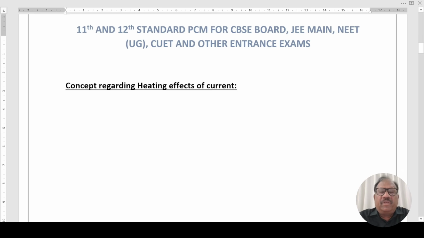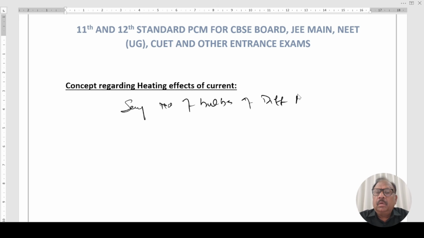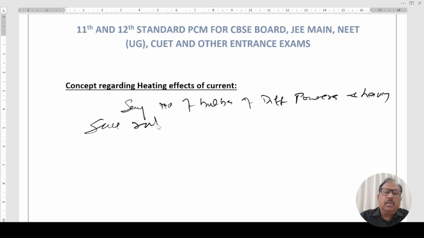Concept regarding heating effects of current. Say, a number of bulbs of different powers and having same rated voltage.